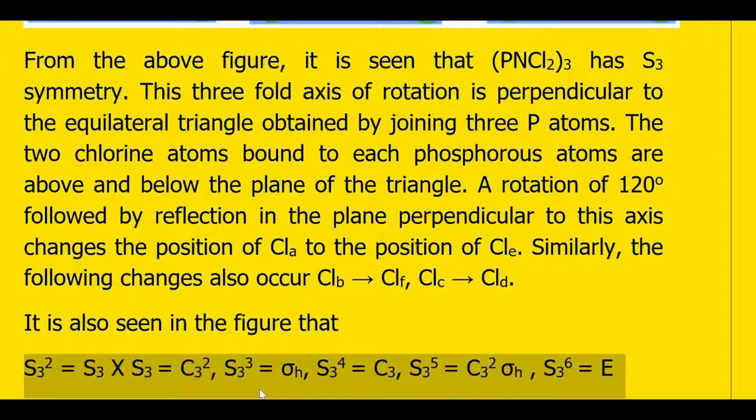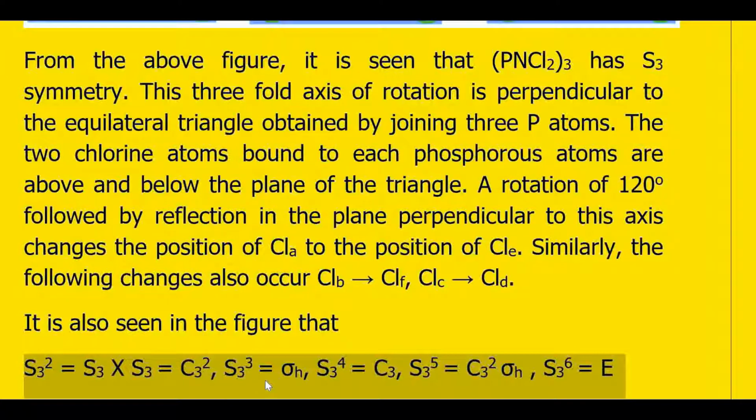Sigma h square is double reflection, and we know that sigma h square is always equal to identity. So you have now C3 square multiplied by identity, that is E. Identity is like the number 1. So that again comes to C3 square only. So that is how you get this relation.